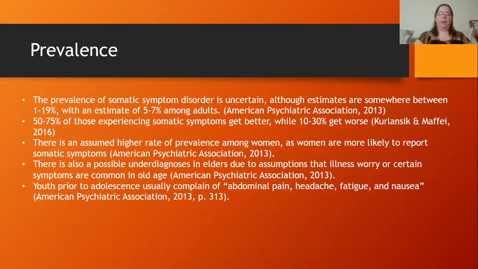There's also a possible underdiagnosis in elders due to a lot of stereotyping and assumptions. One of the assumptions is that illness worry is very common in old age when you're starting to get closer to the end of the line.